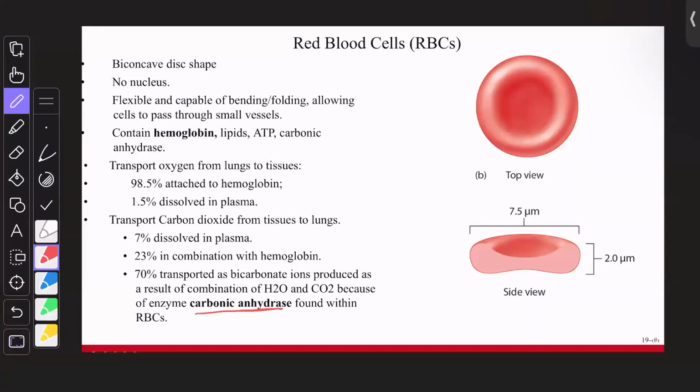And that bicarbonate is the primary way that we transport carbon dioxide. Believe it or not, in terms of regulating your breathing and your respiration rates, carbon dioxide is significantly more important than oxygen. Okay?